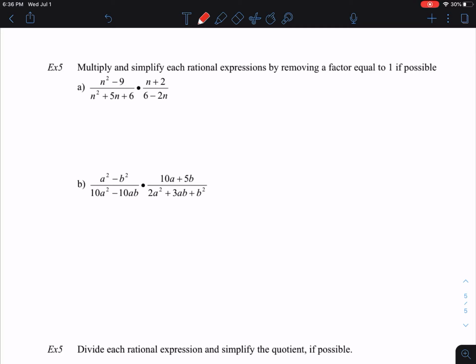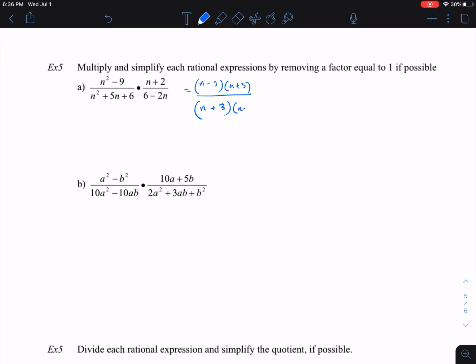We just multiply across, numerator to numerator, but in this case it's hard to do that because these are polynomials, so we don't want to just multiply across. We want to simplify first, reducing each rational expression before we multiply. That's where the factoring comes in. So what we want to do here is factor each rational expression and then reduce it first before we multiply. That's going to be a lot easier.